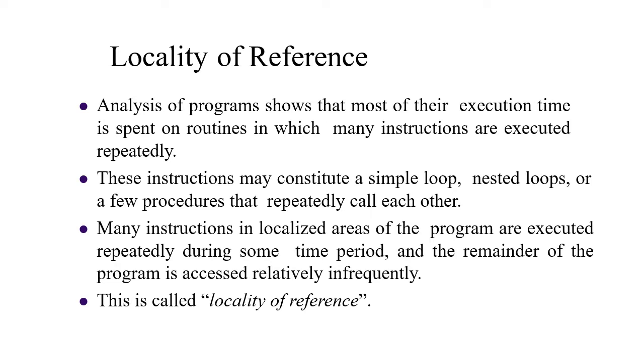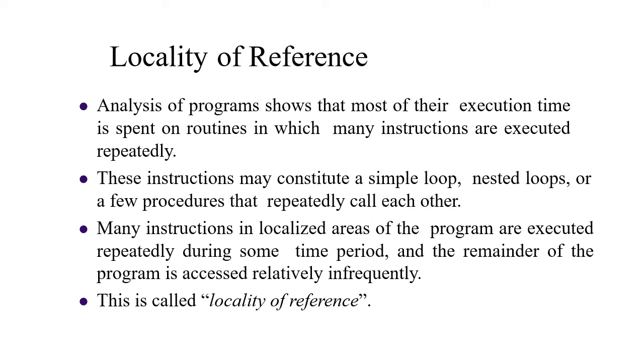What the cache memory does is analyze the instructions that are repeatedly executed and place them in a separate location. Many instructions in localized areas of the program are executed repeatedly during some time period, and the remainder of the program is accessed relatively infrequently.